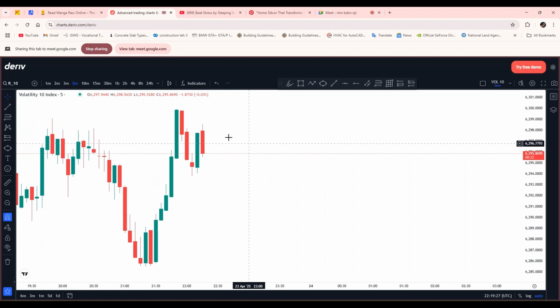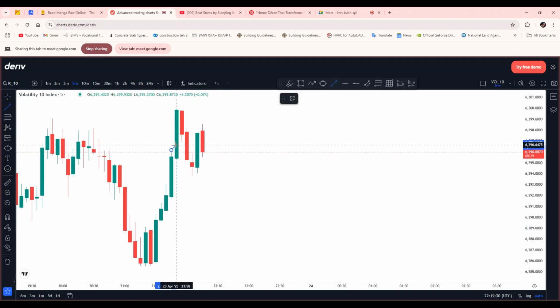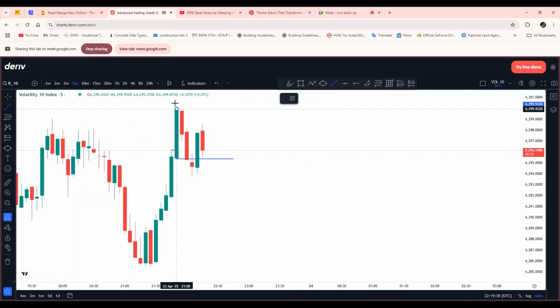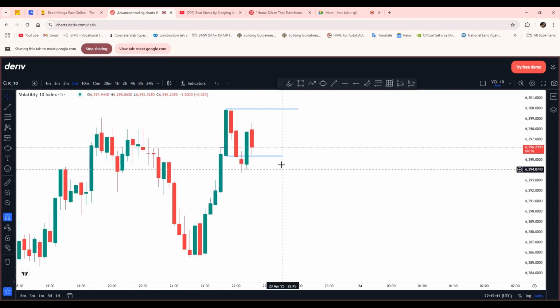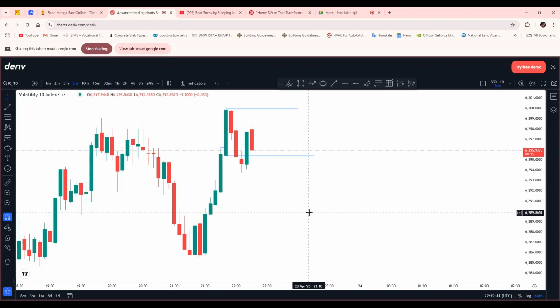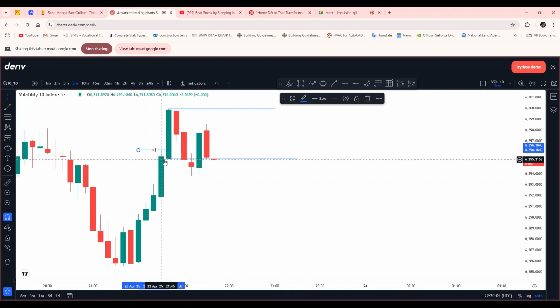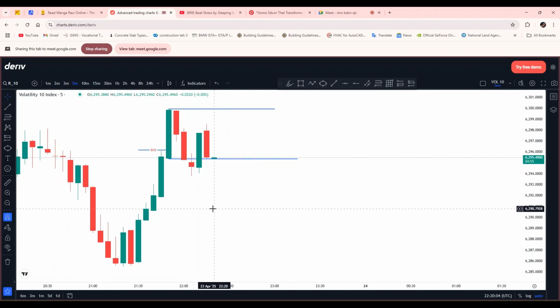So, we're on the 5 minutes time frame here. Okay. Immediate. So, we have a sell trend. Last breakup structure. Sell trend here. Breakup structure here. Let's see.